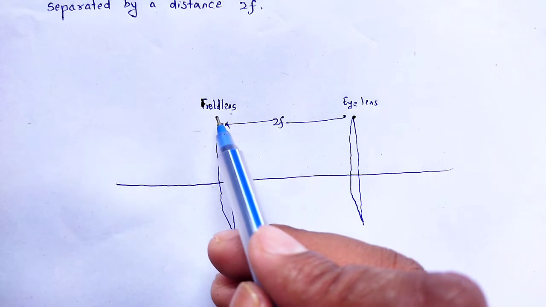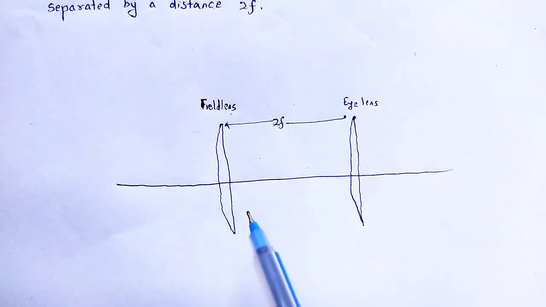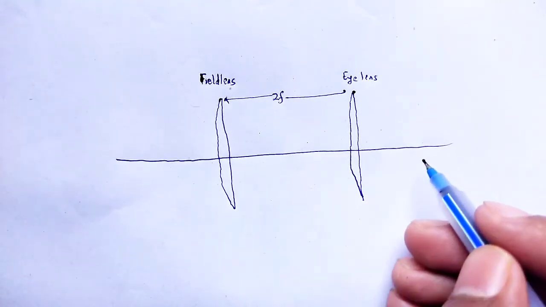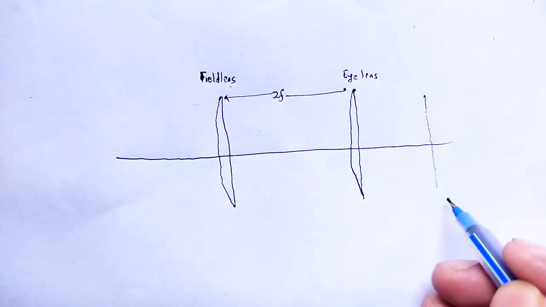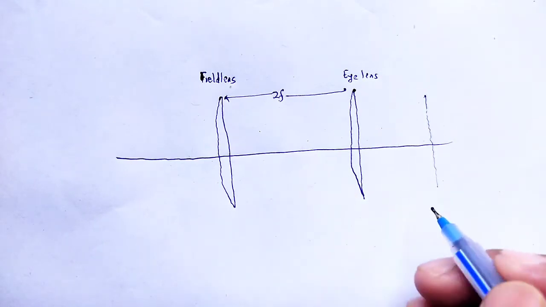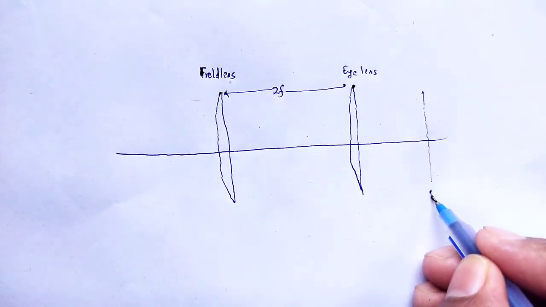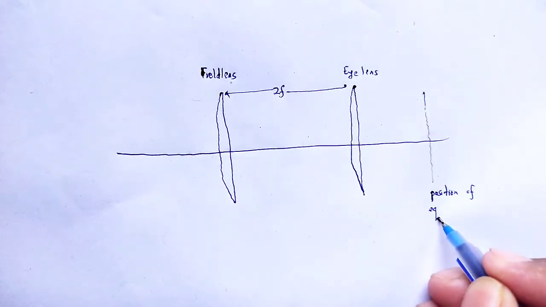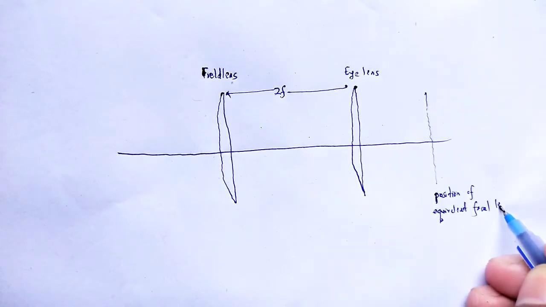The field lens has the focal length 3f, and the eye lens has the focal length f. That is the position of the equivalent focal length.